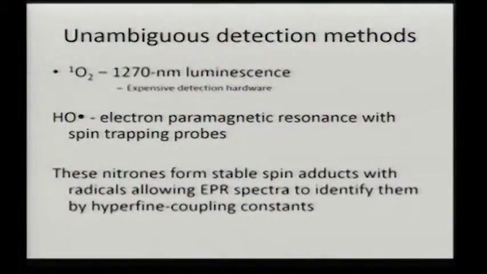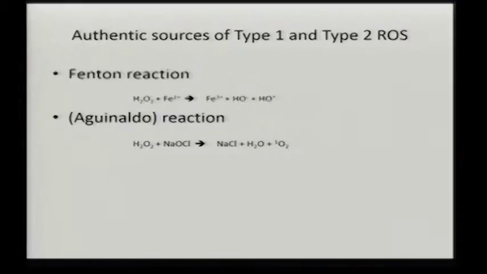There are unambiguous detection methods. You can use 1270 nanometer luminescence for singlet oxygen, and you can trap hydroxyl radicals with specific spin trapping probes that allow you to do electron paramagnetic resonance. There are authentic sources of type 1 and type 2, so the Fenton reaction is a really good source of hydroxyl radicals.